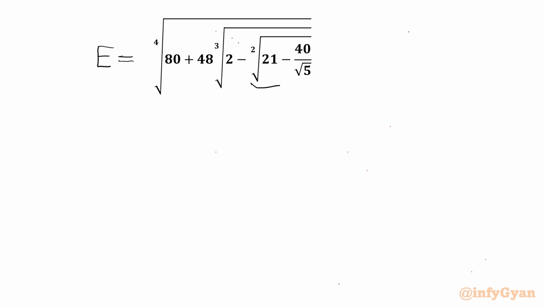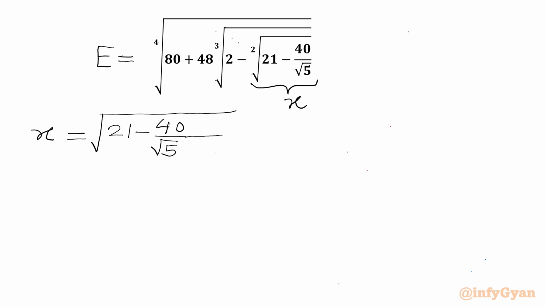Now I will consider this innermost square root as x. Let us calculate x separately. So x will become the square root of 21 minus 40 divided by root 5. Now I will rationalize our denominator.